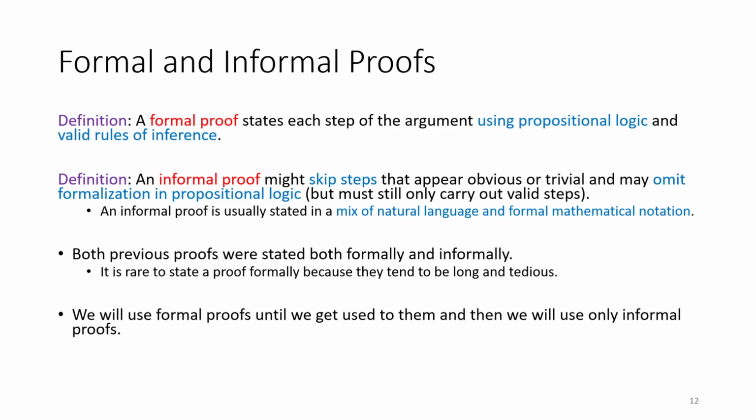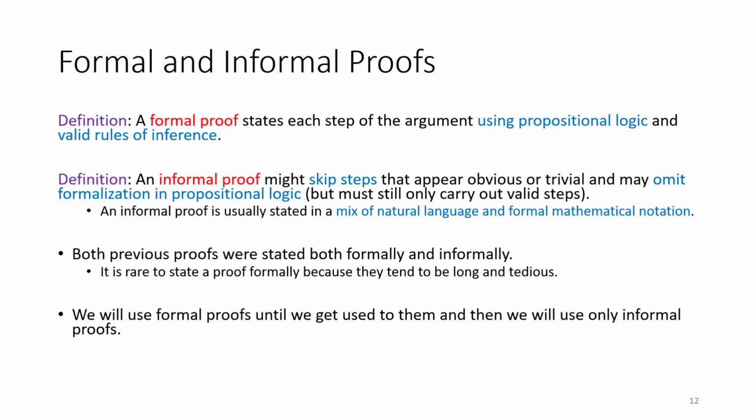So both of the proofs that we've encountered so far have been informally stated and then we formalized them. You'll notice that the way that we've done this is we started with an informal proof and then we formalized it. It's very rare to try and just write the formal proof raw. Again, formal proofs aren't very useful for anything other than studying and understanding proof structure, and once you get familiar with it, you usually eschew it for just writing informal proofs.